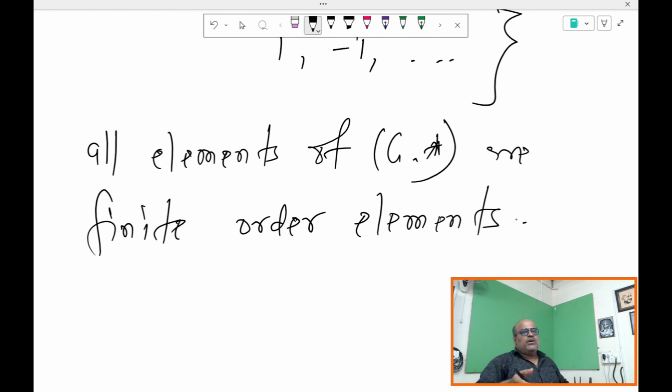And each nth root of unity will give an nth order subgroup. For 2 root of unity, one subgroup, 1 and minus 1. For 3 root of unity, one subgroup, 1, omega, omega square. Fourth root of unity, 1, minus 1, i, minus i. So every nth root of unity is an n order cyclic subgroup, and all are cyclic, all are unique.